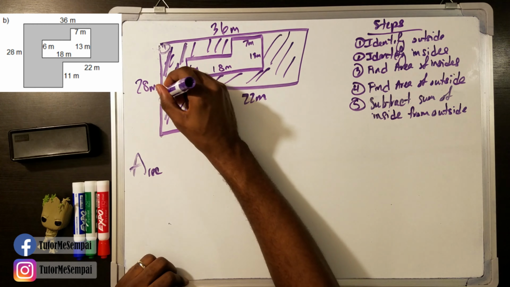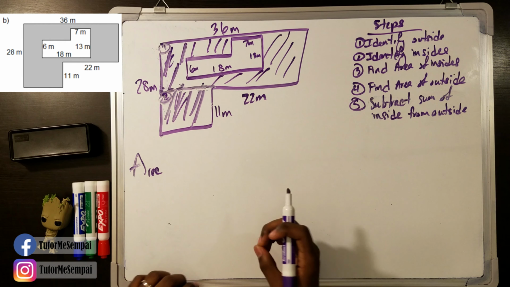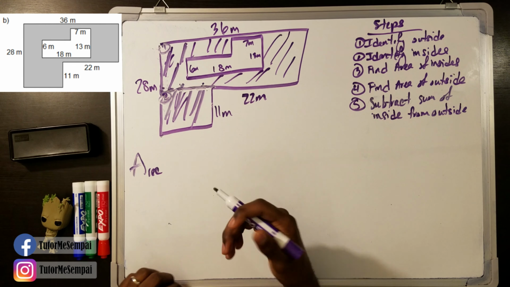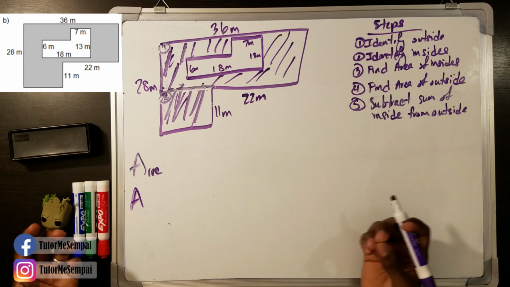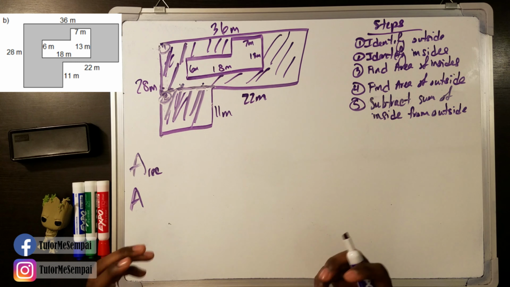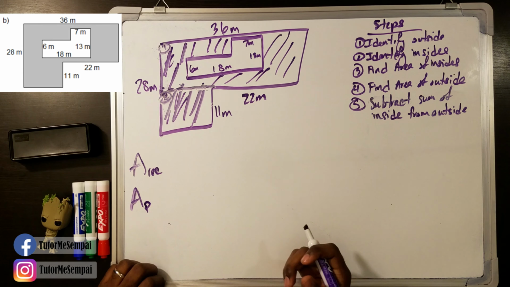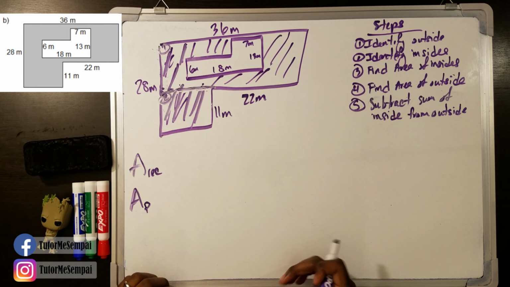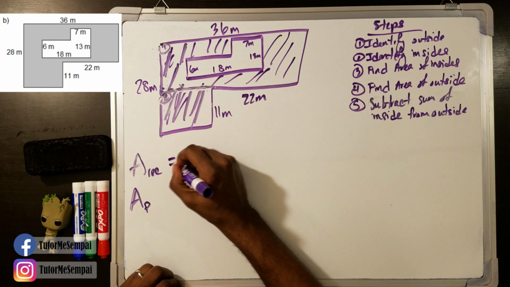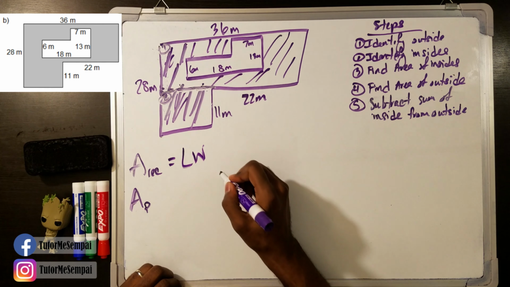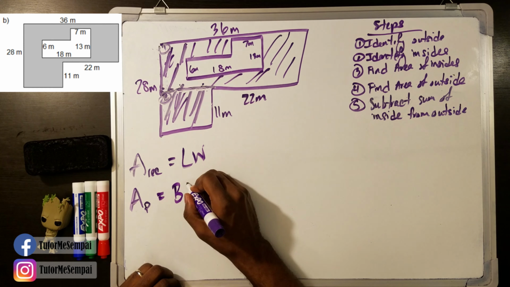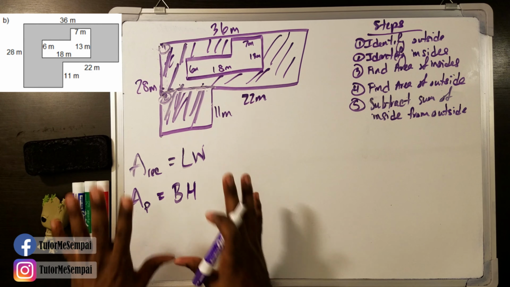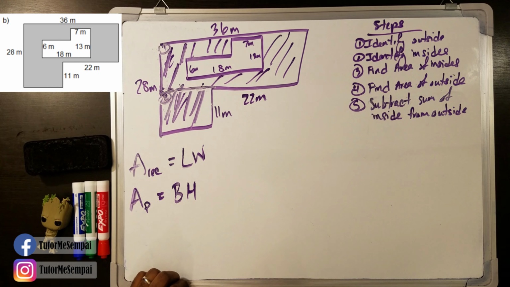This here, our shape number 2, I don't know what that is by looking at it, but that's going to be the area of a parallelogram at the very least. I'm not sure if it's a square or a rectangle, but I'll say it's an area of a parallelogram. So the area of our rectangle is going to be length times width. And our area of a parallelogram is going to be base times height.